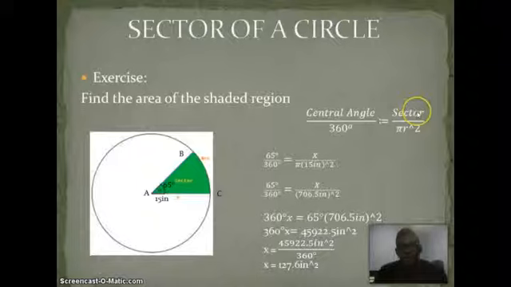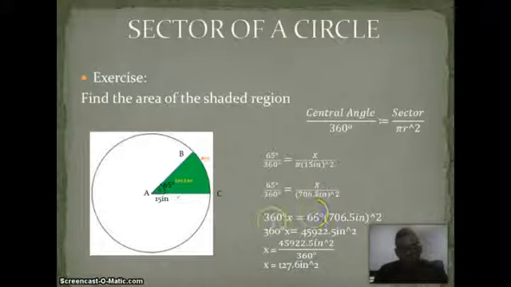X represents the sector because that's what we're looking for, divided by pi multiplied by the radius, which is 15 inch squared. So 65 degrees divided by 360 equals x divided by 3.14, which is pi, multiplied by 15 squared, which is 225. So 3.14 multiplied by 225 would be 706.5 inch squared.